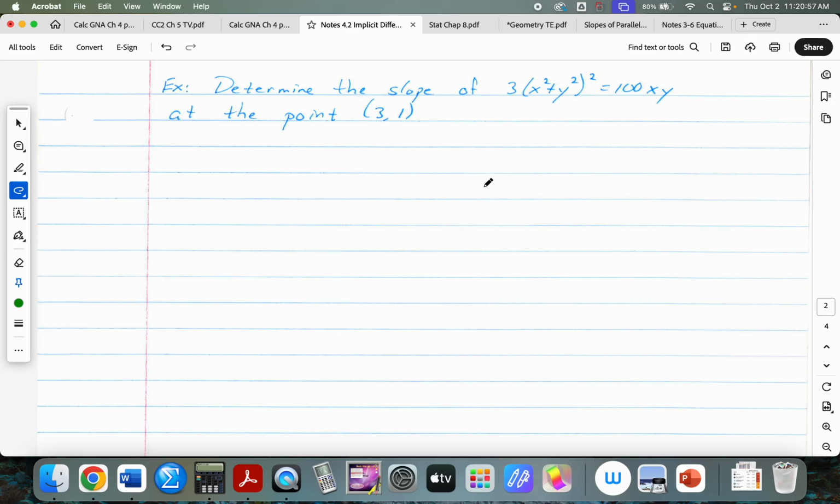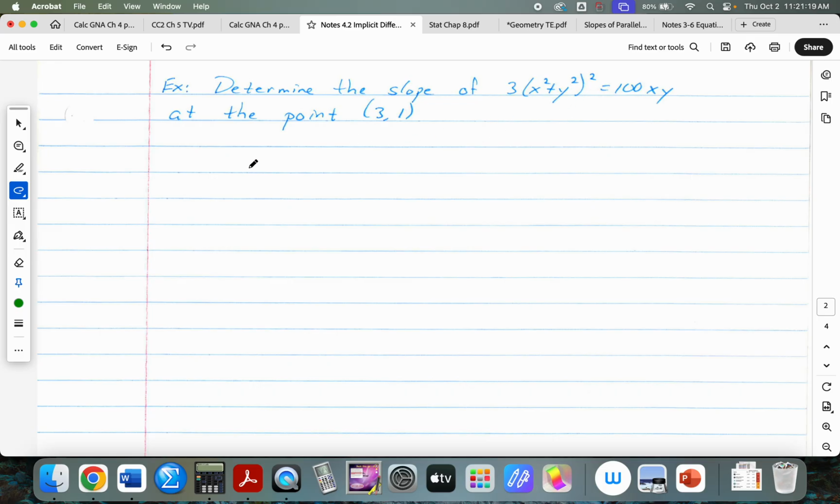Yeah. All right, so determine the slope of this ugly beast at the point 3, 1. This is about as ugly as it gets. Okay? So, we're going to take the derivative with respect to x on both sides.